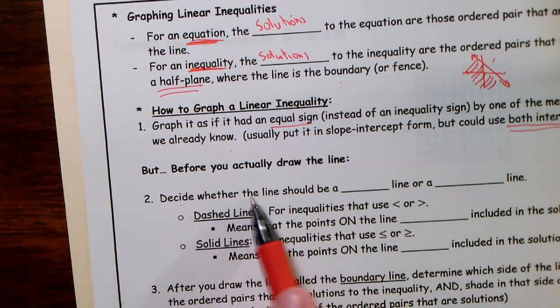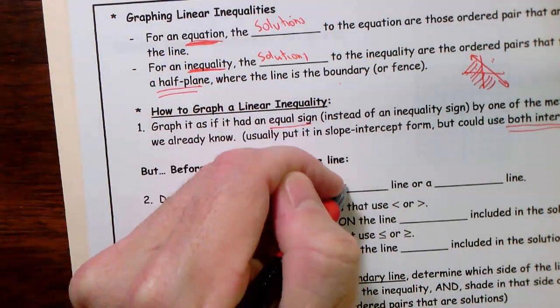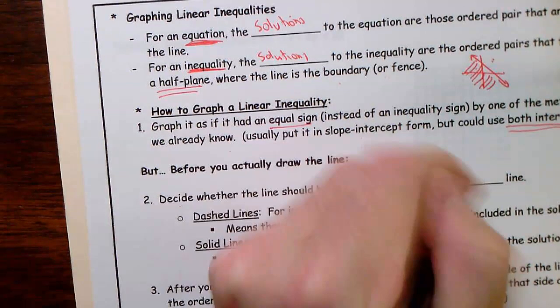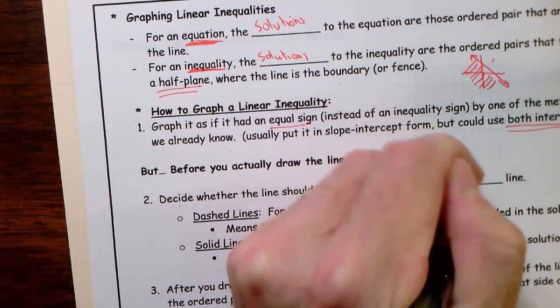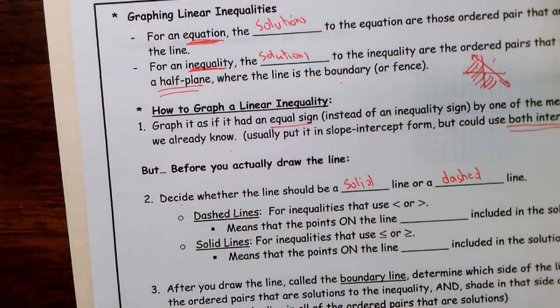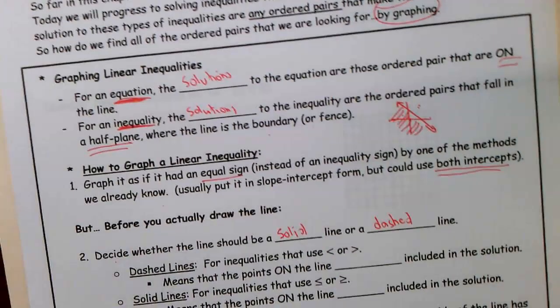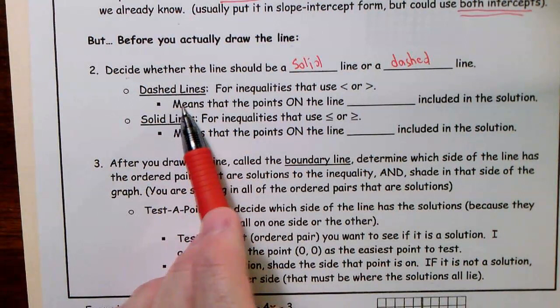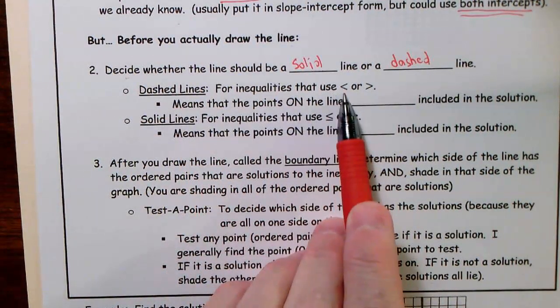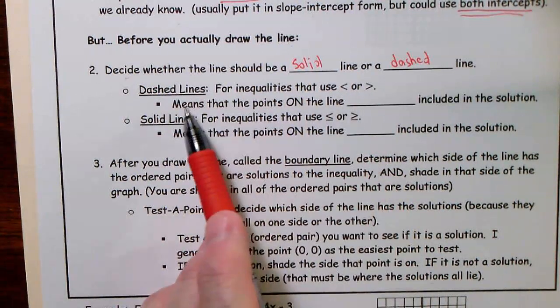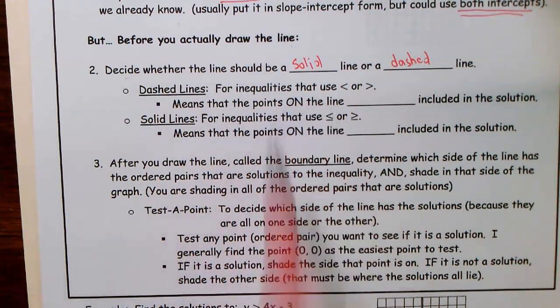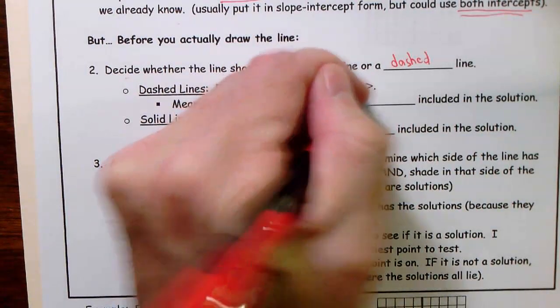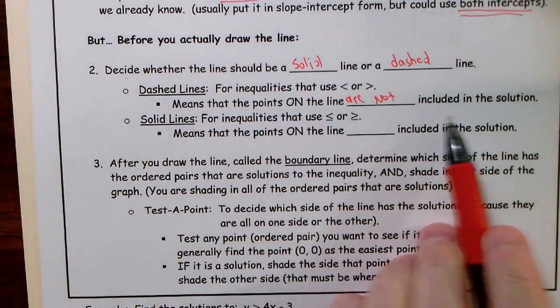First, we need to decide whether the line should be a solid line or a dashed line. And here's the significance of that. Dashed lines are for inequalities that have a less than or a greater than sign. Notice they do not have or equal to. And this means that the points on the line are not included in the solution.